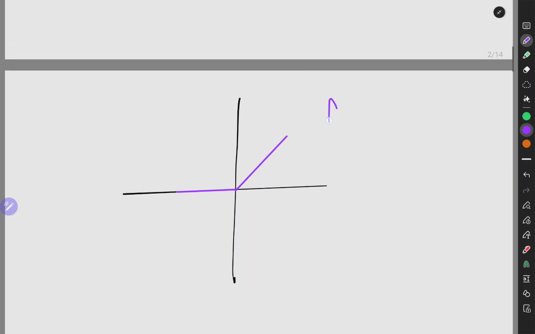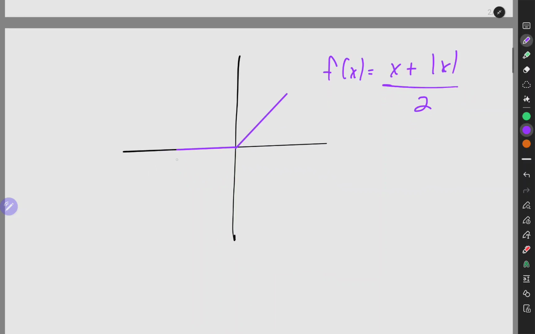So that function could be something like this, of course from negative pi to pi. So in our period 2 pi, length is pi.